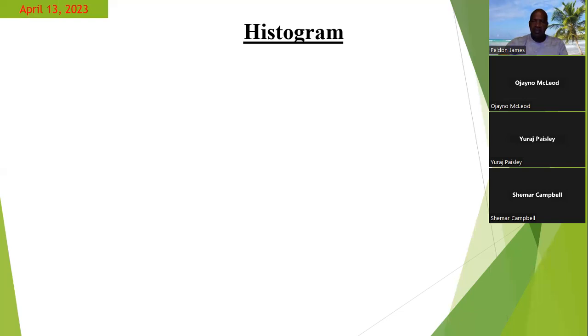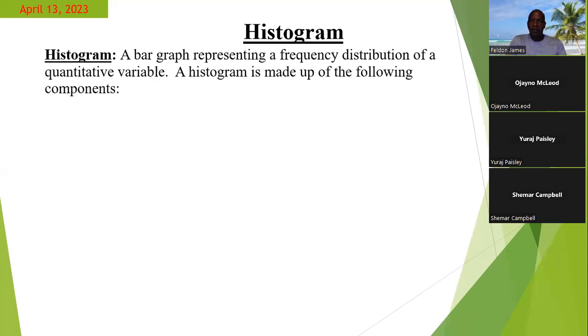First we are going to talk about what the histogram is. It's a bar graph representing a frequency distribution of a quantitative variable. A histogram is made up of the following components. So it's a what? Bar graph.